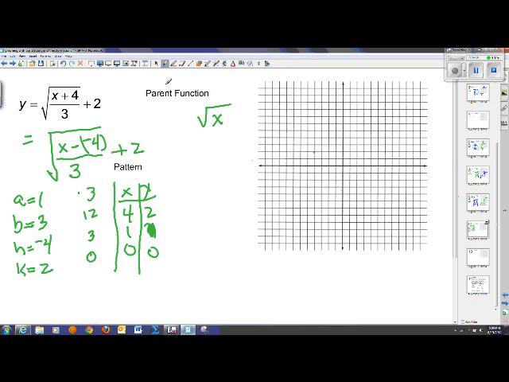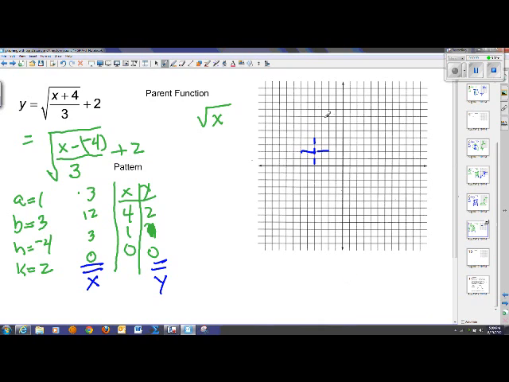This is the point where I'm going to draw my fictional axes. And this is where I'm going to start graphing this new pattern from, where the values on the left are my new x's, and the values on the right are my y's.